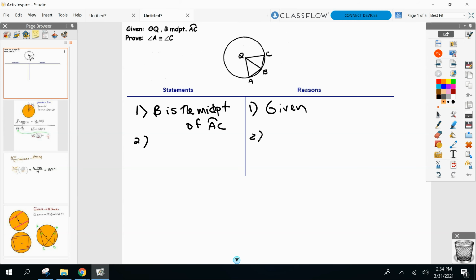If B's the midpoint of arc AC, what do you got for me? AB is congruent to BC. Good. Arc AB, right? Because there's a lot of ABs going on there. You could have been talking about a chord or the arc. So make sure arc AB is congruent to arc BC. Yep, definition of a midpoint.